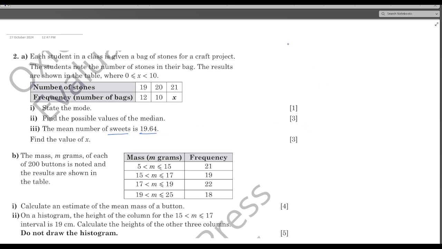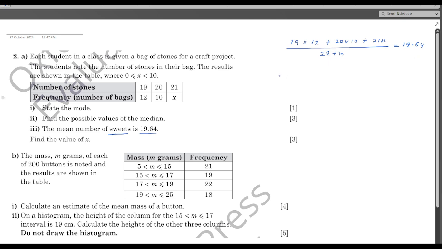So what we do: 19 times 12 plus 20 times 10 plus 21 times x, divided by the total, which is 12 plus 10, 22, plus x. This average is equal to 19.64. Okay, so therefore we use the calculator.